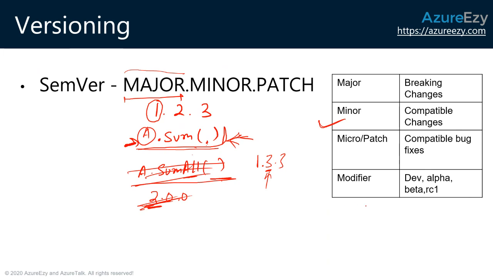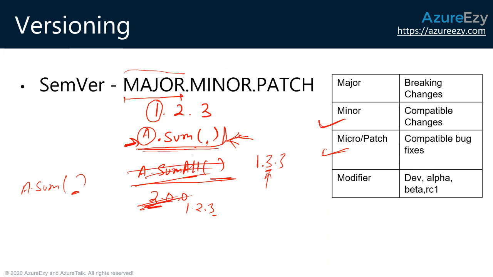Now the third thing, which is micro or patch, people call it micro or patch, is used when this package 1.2.3 had some bugs. All right. So suppose when people were calling a.sum, because of internal calculation with certain inputs, suppose for 0 or a certain negative number, it was not giving the output as expected.